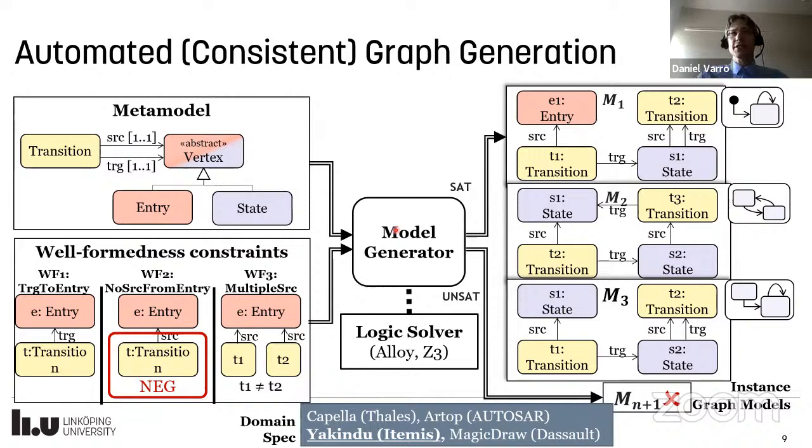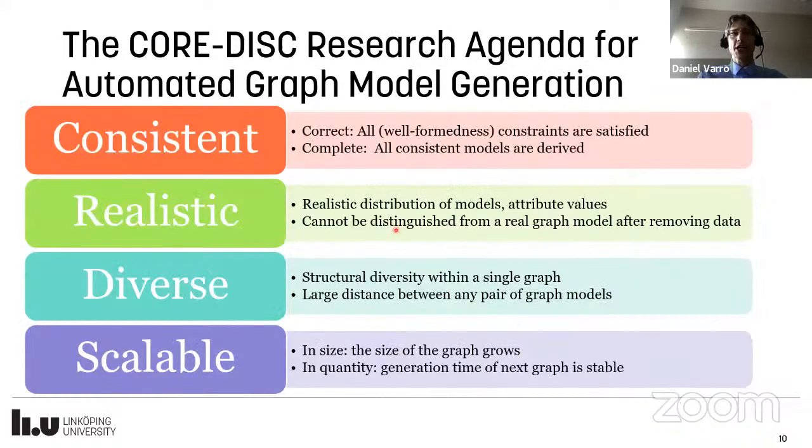But related to this graph generation challenge, we started a longer term agenda, which we eventually started calling a core disk, for providing automated graph generation techniques which would satisfy four core properties of graph generation.